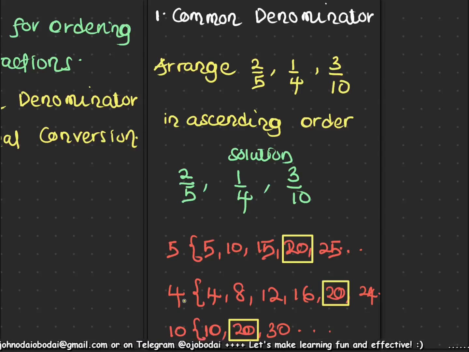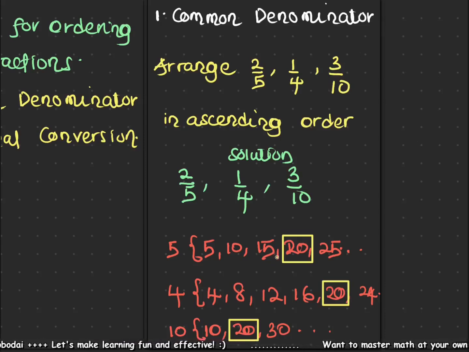But we want one that is common to all. If there is more than one common multiple, you pick the lowest one. But up to this stage, we have just one that is common to them all, and that is our 20.